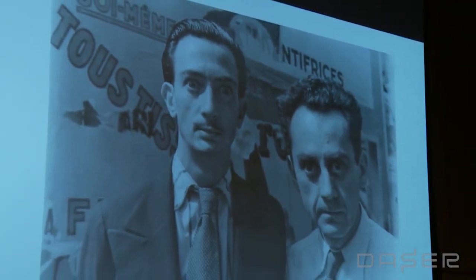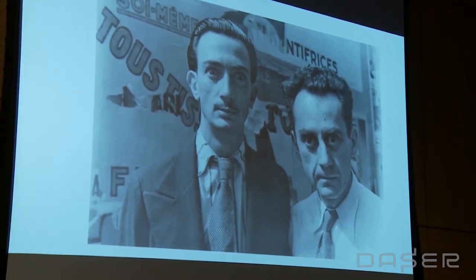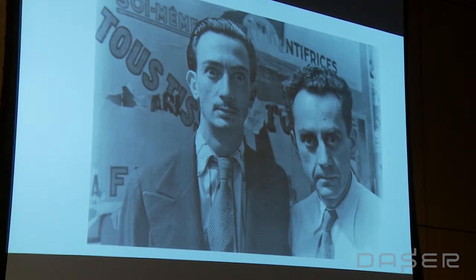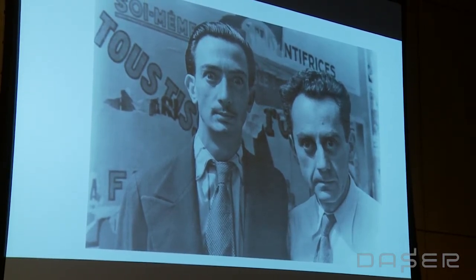Well, we know that Man Ray began in Dada and then moved on into surrealism. And it's not surprising that he had a best friend who was a surrealist. An interesting thing about this picture is that they're literally making big eyes for our benefit. You'll notice their eyes are completely different.